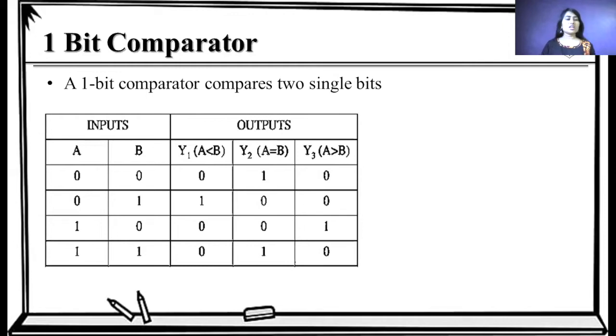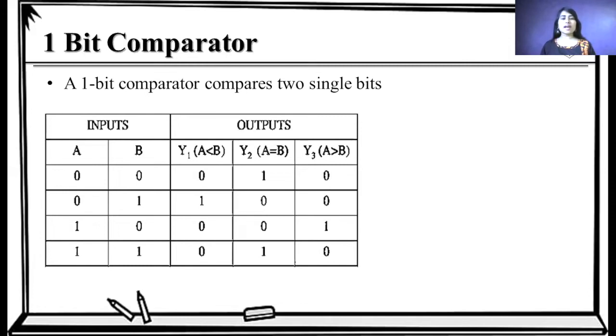Then next, A and B are both 1, so again A equals B. So A less than B equals 0, A equals B equals 1 and A greater than B equals 0. So this is how we calculate the truth table for the 1-bit comparator.